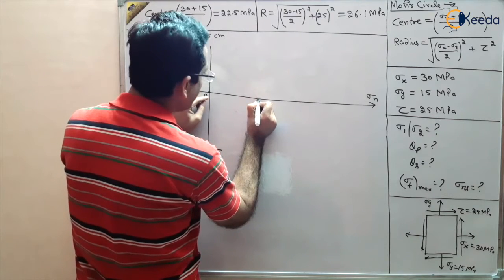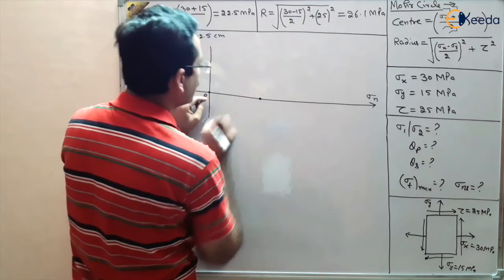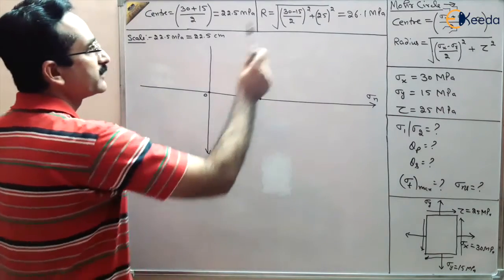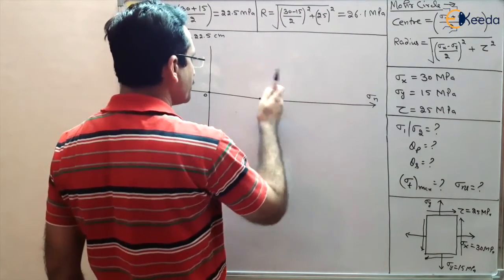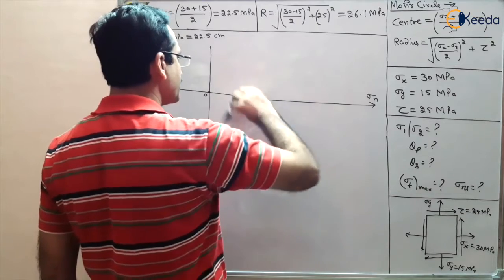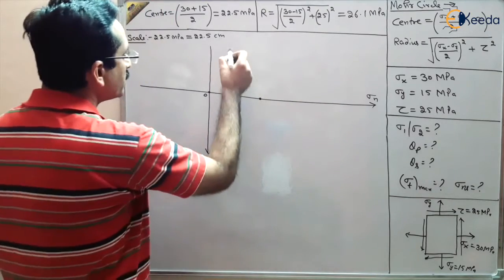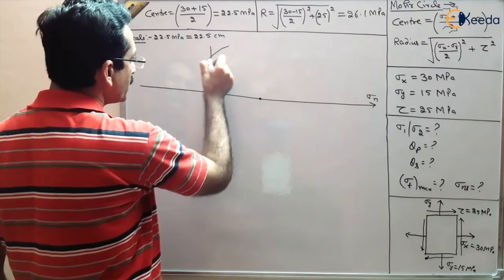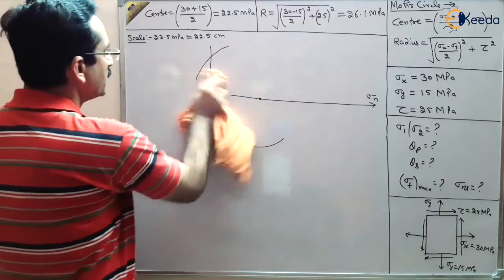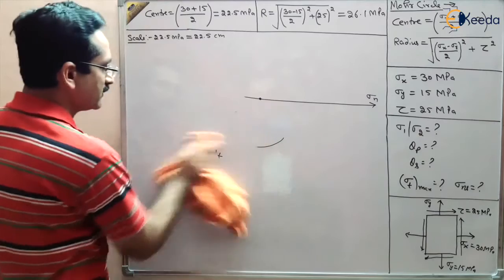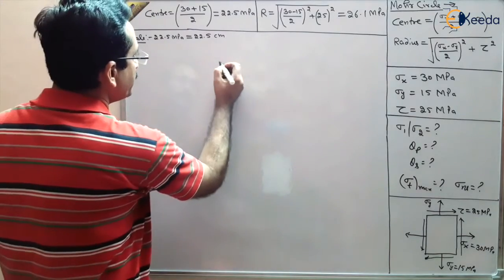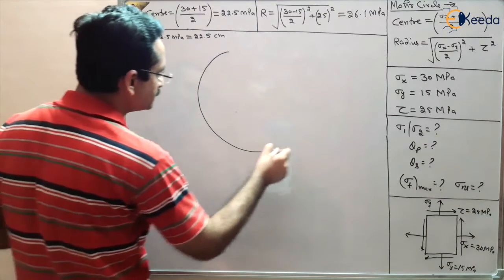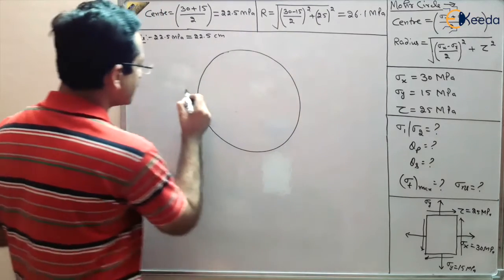So 22.5 is suppose here. This is our 22.5, and draw the circle of radius 26.1. So open the compass and draw the circle of 26.1. So let us draw the circle. Suppose this is our circle.